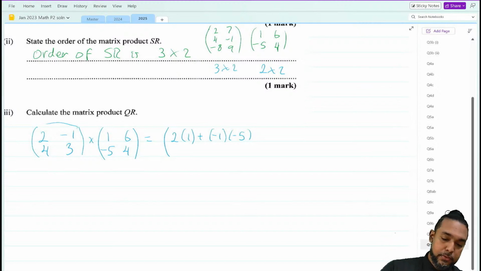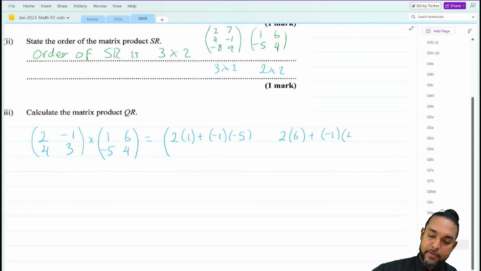Right, so now let's do the same first row, but the second column. So that'll be 2 by 6 plus minus 1 by 4. And now let's do the bottom row by the first column.